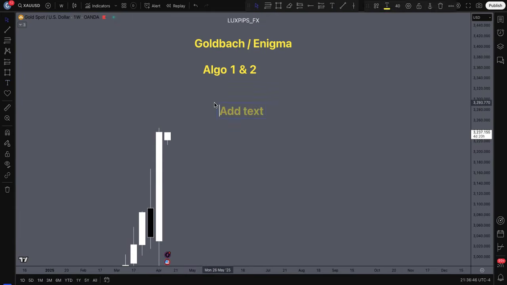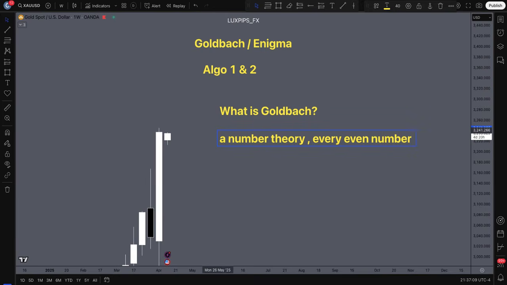So, to start off, what is Goldbach? Goldbach comes from the Goldbach conjecture. It's a number theory. It states that every even number greater than 2 is a sum of 2 prime numbers.